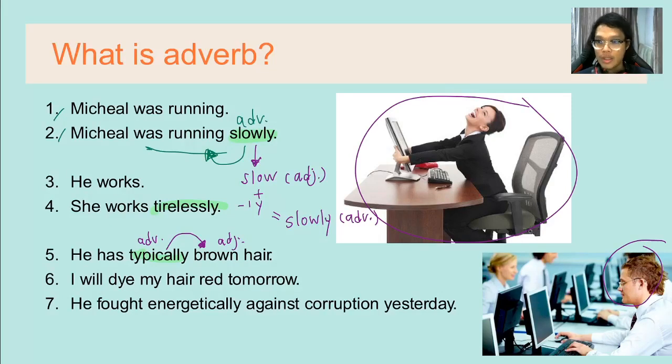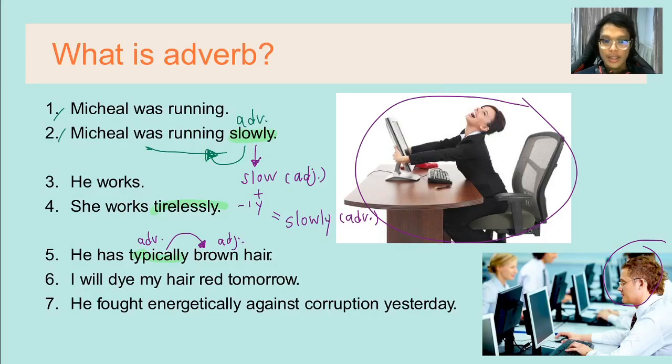So an adverb can not only describe or explain a verb, it can also describe an adjective. For example, the fifth sentence: typically, an adverb, means normal, right? Typically describes more about the adjective, which is brown.